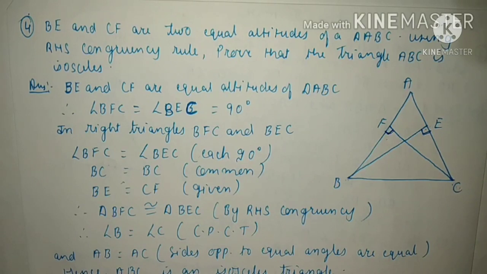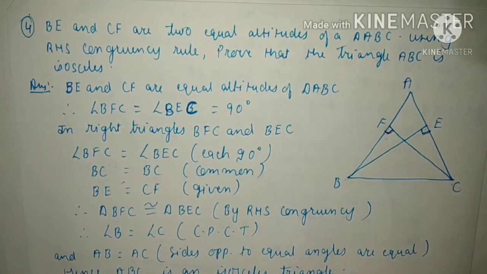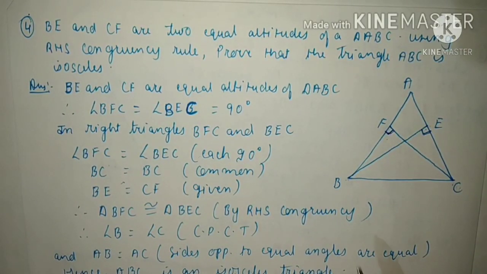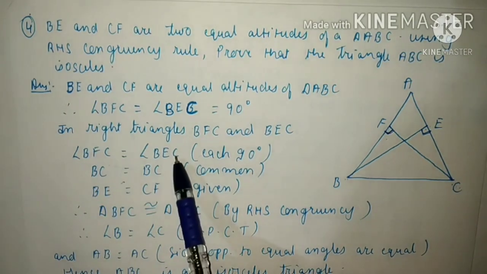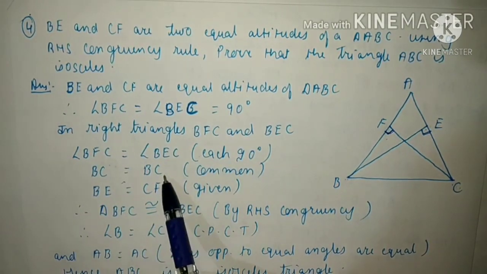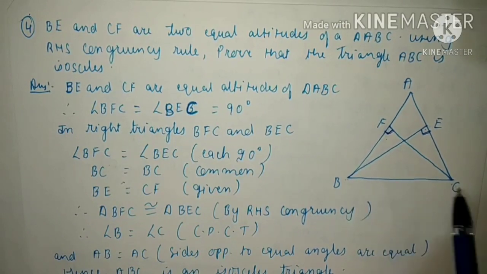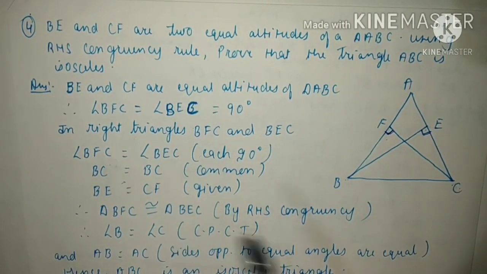Now after that, one more thing is given in our question, that BE equals CF. So we can write BE equals CF. This is given to us. Now again see, this is the right angle, this is the hypotenuse BC, and this is the side CF.